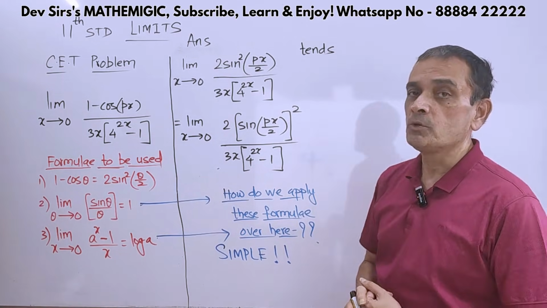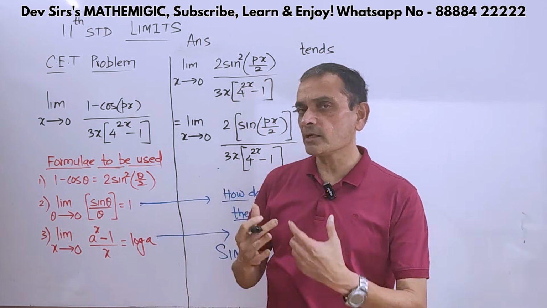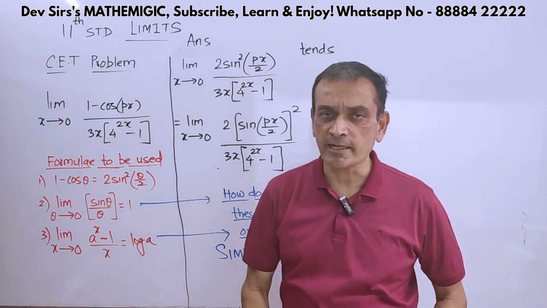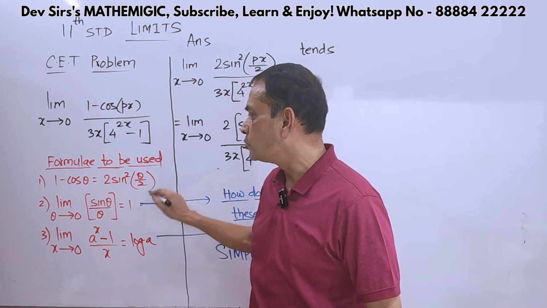Now, the formula to be used. The first formula is from trigonometry itself. It is not a limit formula, it is basic trigonometry. When you get 1 minus cos theta, on the right hand side you write 2 sin squared theta by 2.